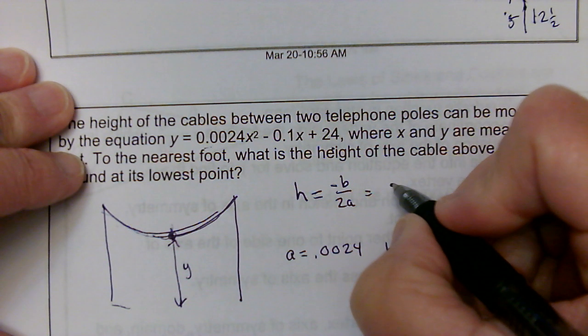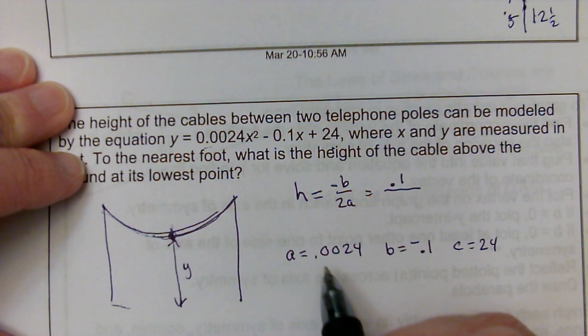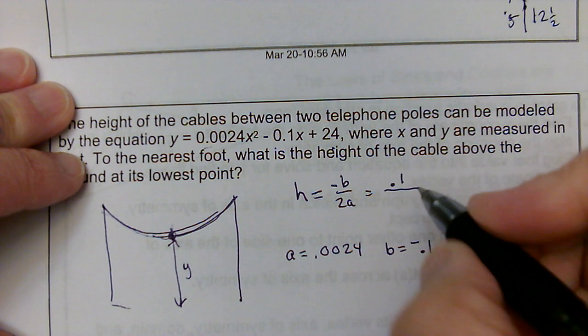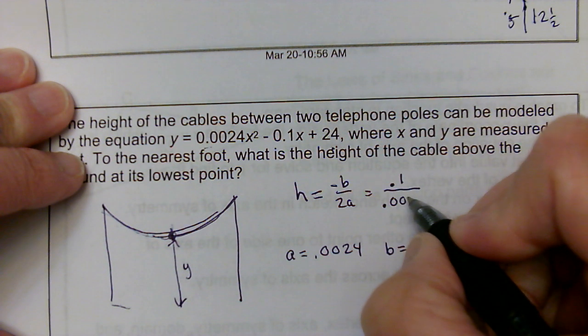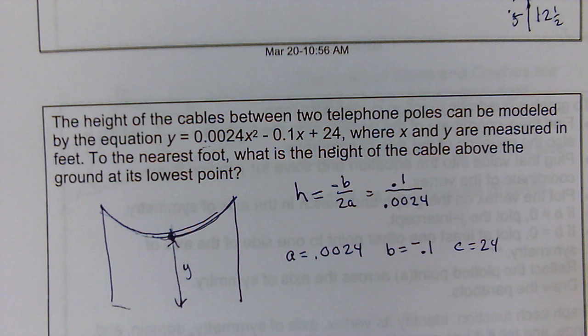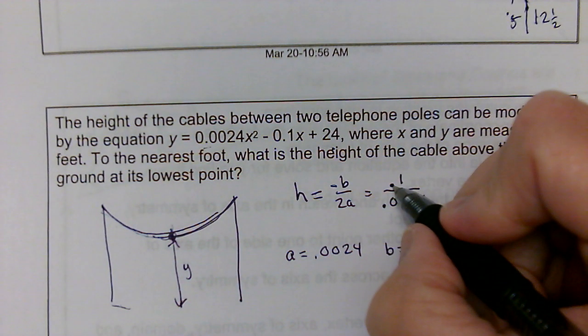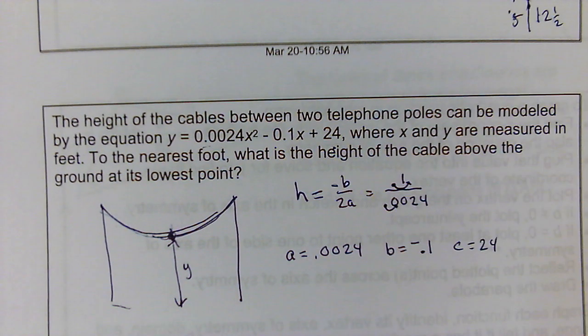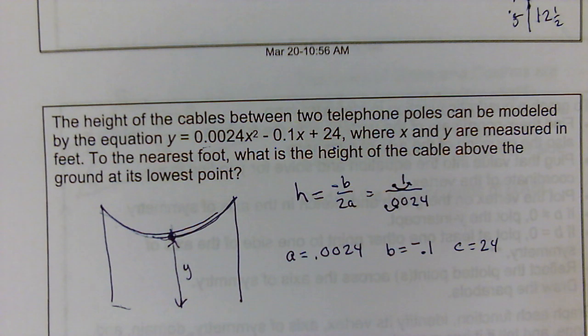So negative b would be positive 0.1 divided by 0.0024. Now, that's not a number you really can simplify in your head. I mean, you could move the decimals one place to the right and get 1 over 0.024, but you really kind of want a number to plug in there. So we're going to use a calculator to find that value.